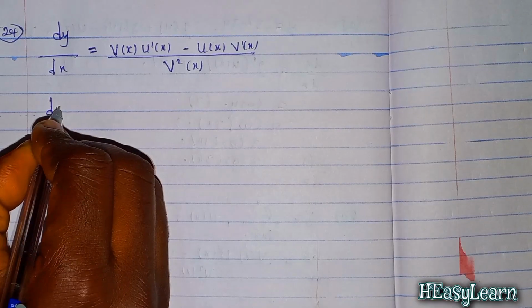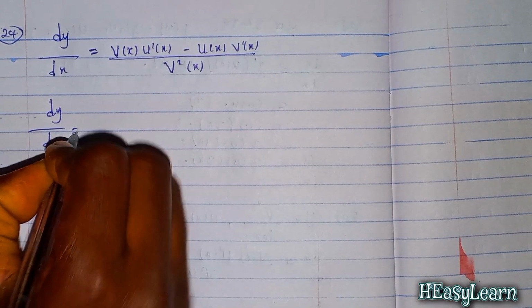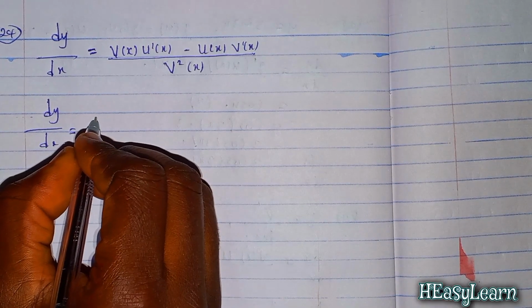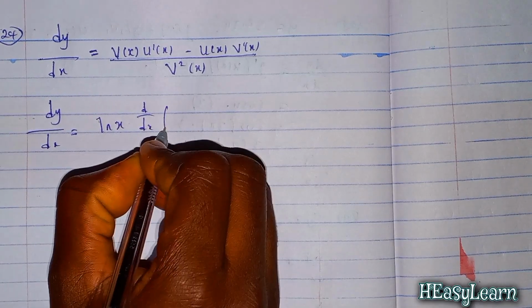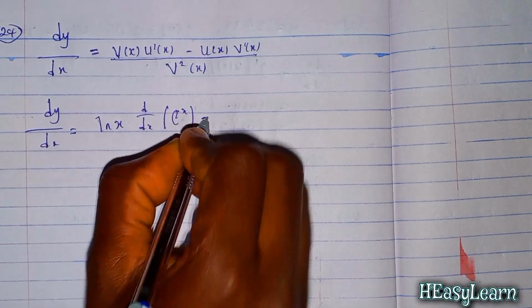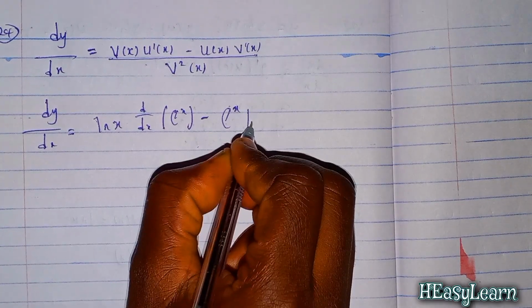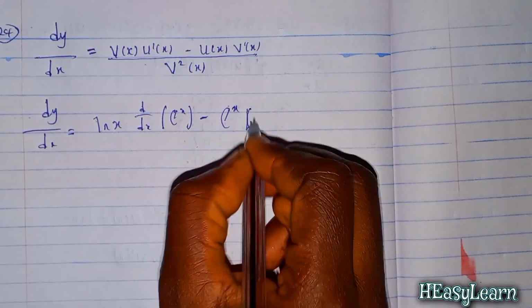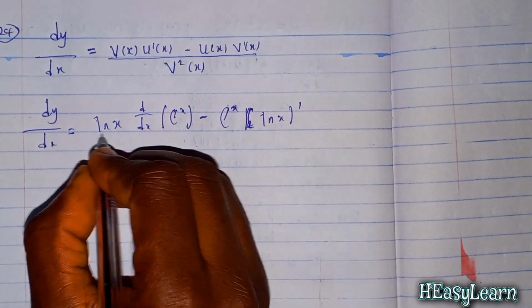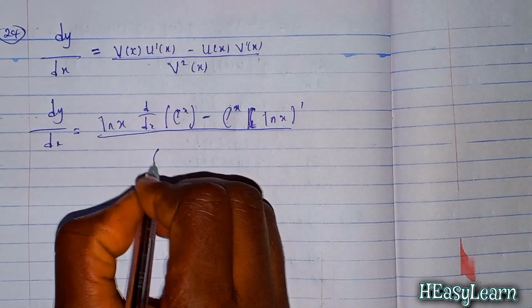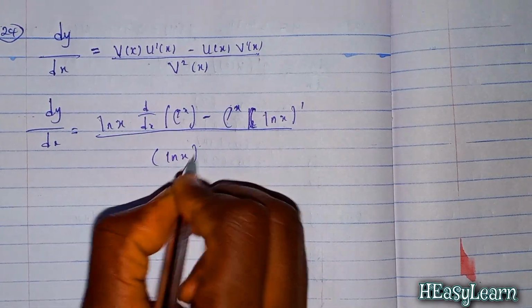So the derivative of this function is going to be: keep the denominator ln x, differentiate the numerator, minus keep the numerator, then differentiate the denominator, which is ln x, over the square of the denominator.